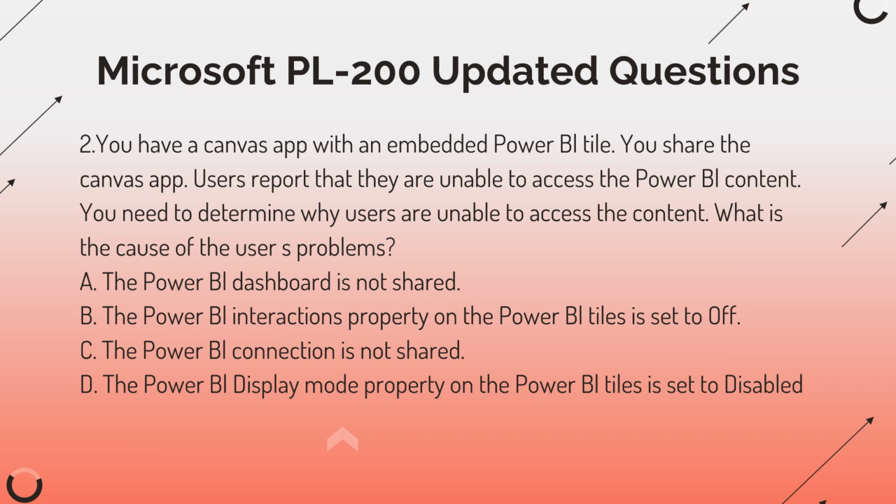A. The Power BI dashboard is not shared. B. The Power BI interactions property on the Power BI tiles is set to off. C. The Power BI connection is not shared. D. The Power BI display mode property on the Power BI tiles is set to disabled.